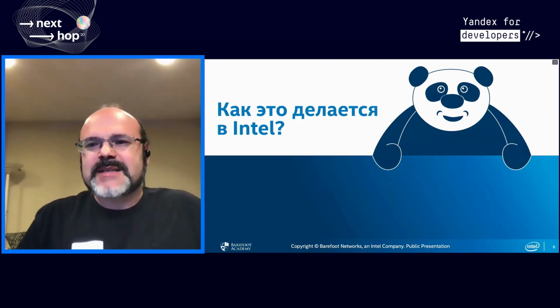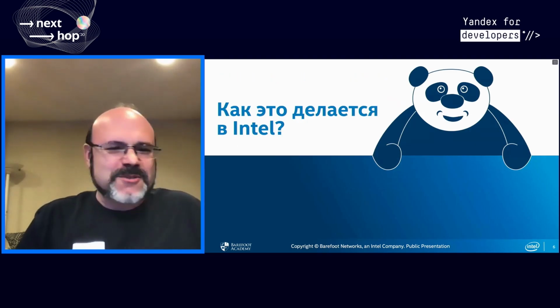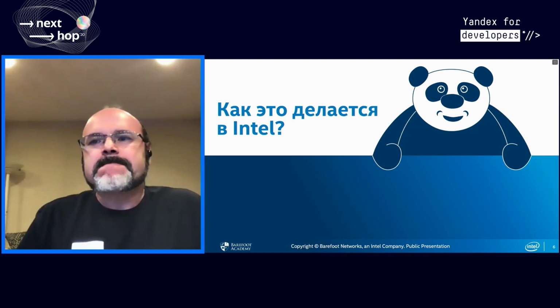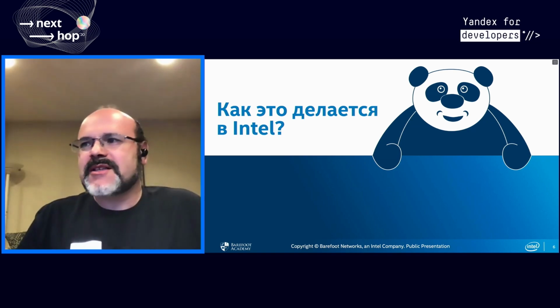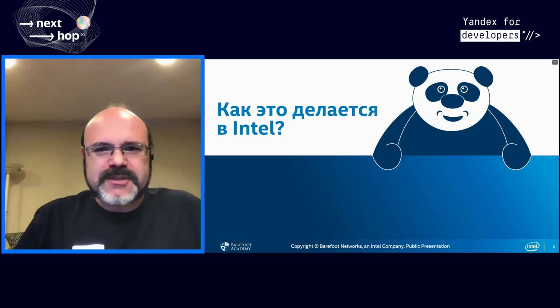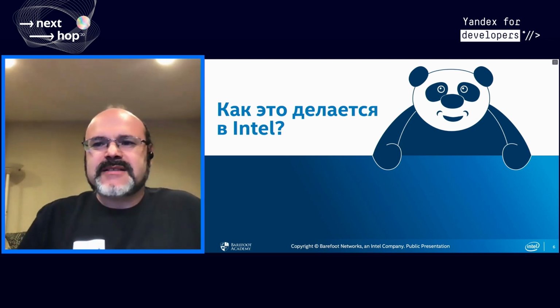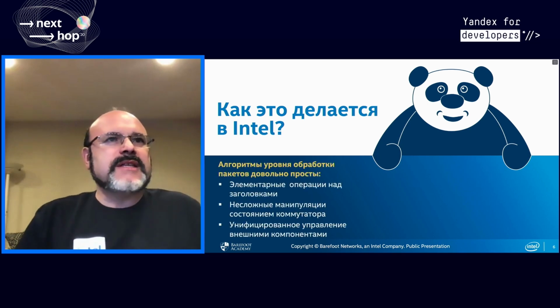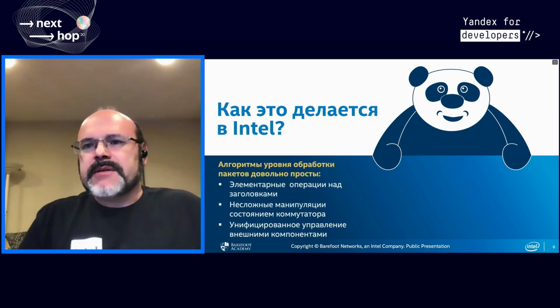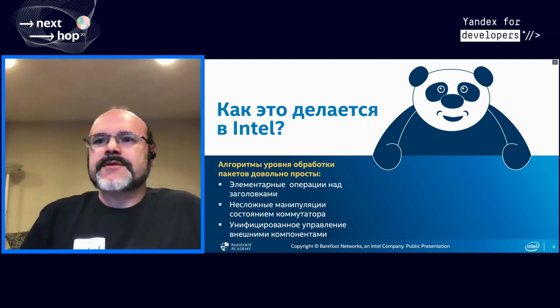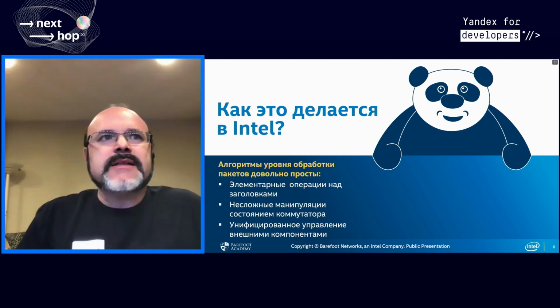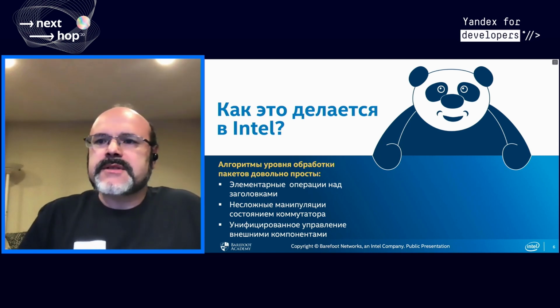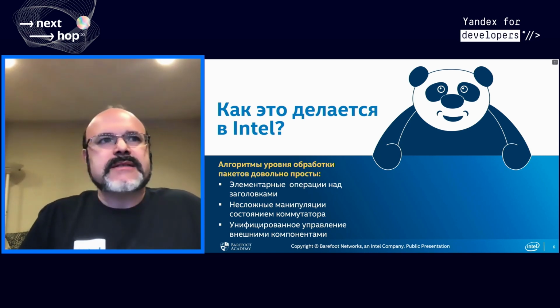Here is where Intel may help. It all started with Barefoot Company, the one which brought me to Intel as well. We decided that it's no good. And in essence, this problem is not so difficult, it can be addressed. What observations did we make? First of all, the data plane algorithms are quite simple.